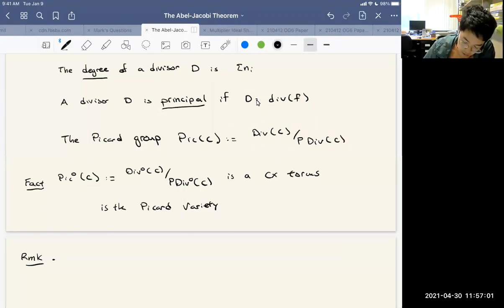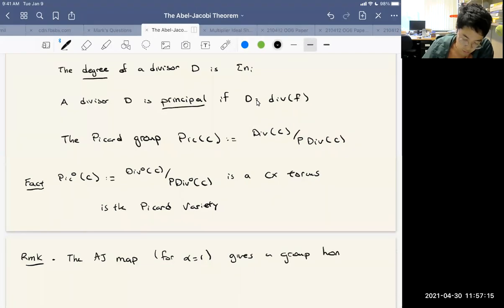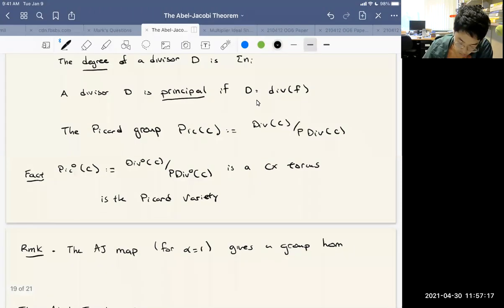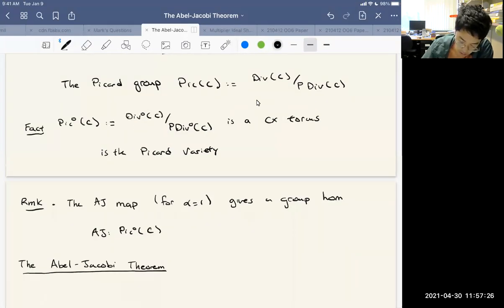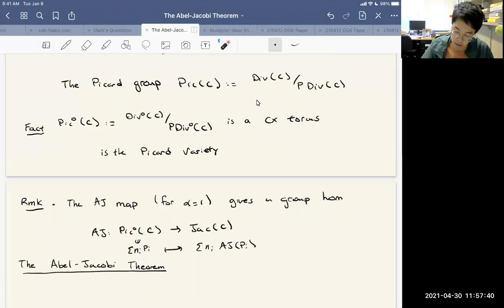Now I wanted to make the following remark, that the Abel-Jacobi map, where alpha equals 1, gives a group homomorphism, which I'll also denote by AJ, but it will now go from Pic 0 of C to the Jacobian of C, and it sends a divisor of degree 0 to the sum like this.